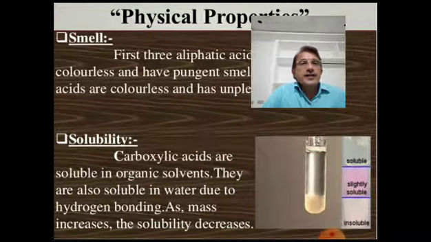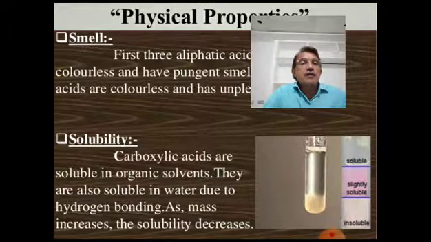Next, solubility. Carboxylic acids are soluble in organic solvents. They are also soluble in water due to hydrogen bonding. Like alcohols are soluble in water, carboxylic acids are soluble in water. Carboxylic acid molecules can form hydrogen bonds with water molecules.